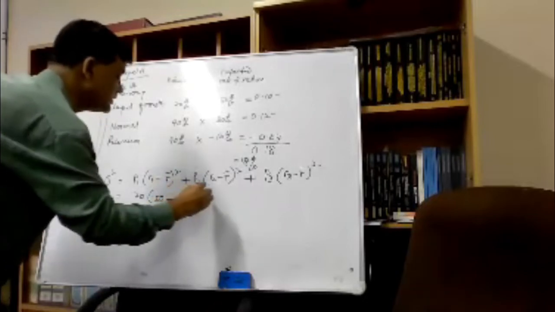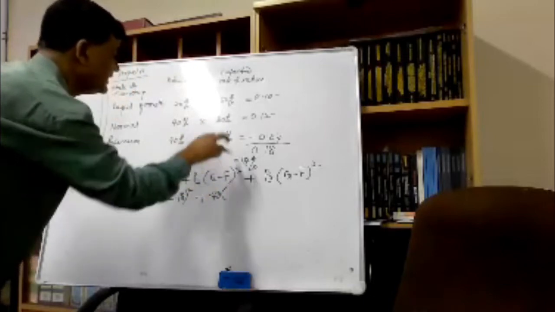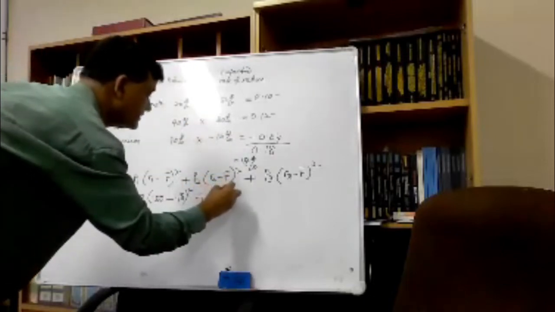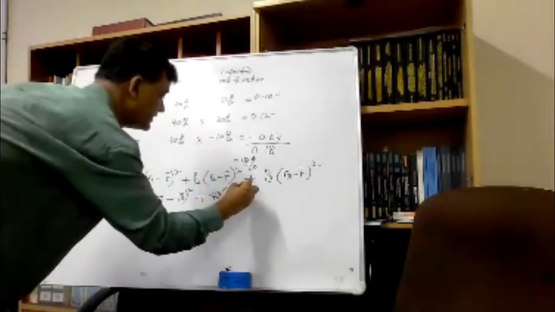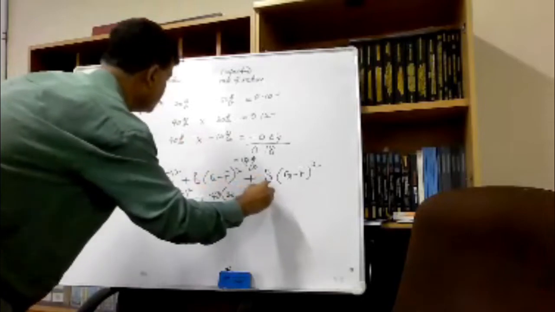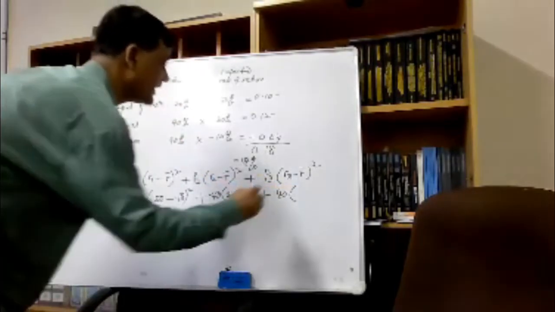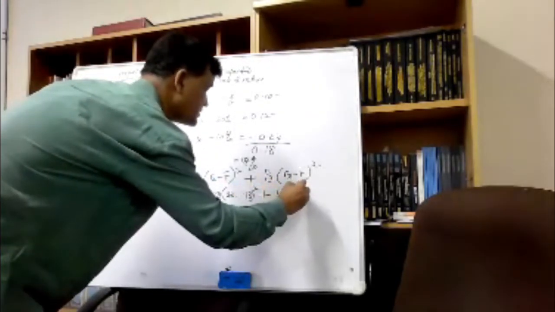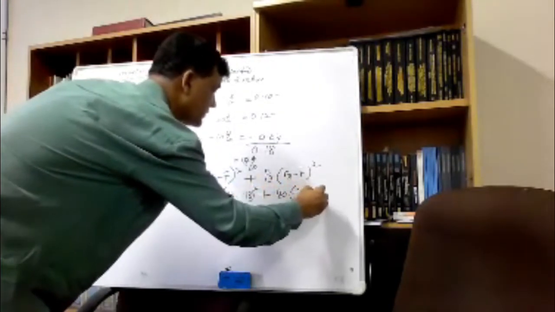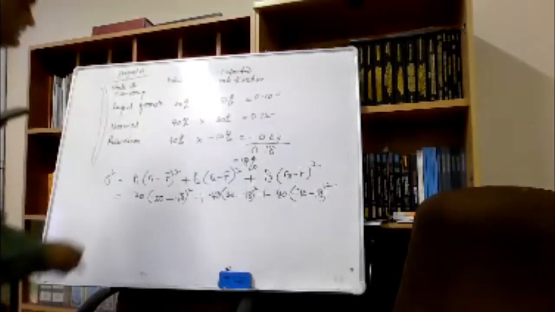Plus probability 2 is 0.40, R2 is 30%, minus R bar squared, plus probability 3 is 0.40, R3 is minus 10, sorry, minus 0.10 minus 0.18 squared.